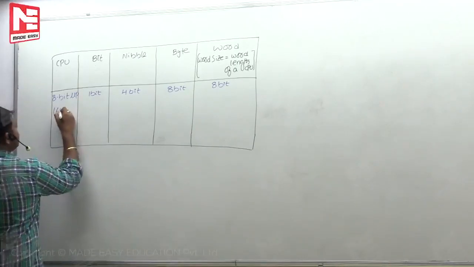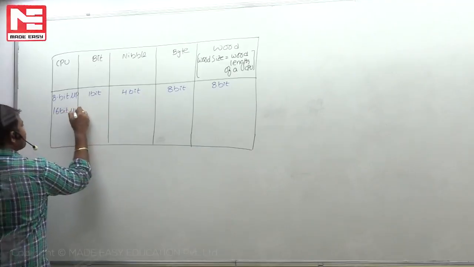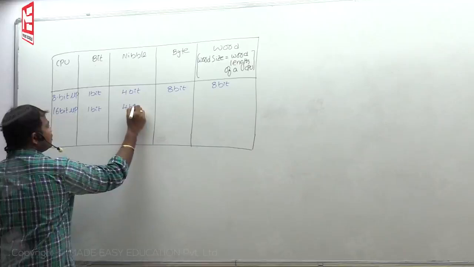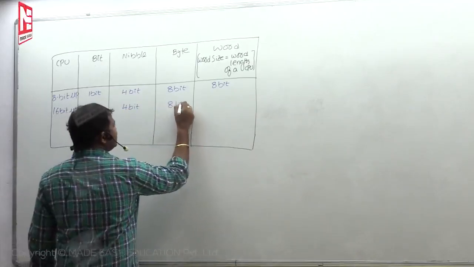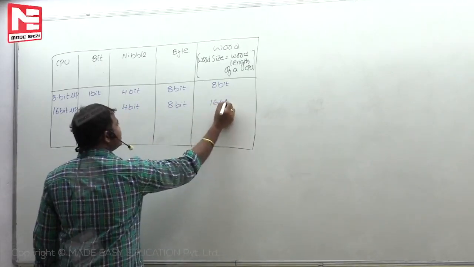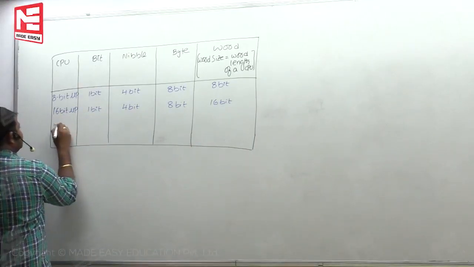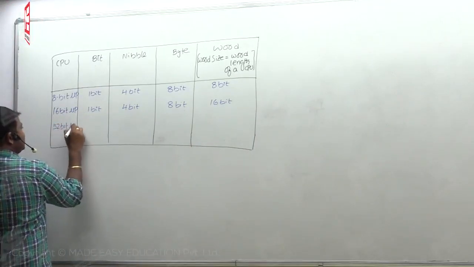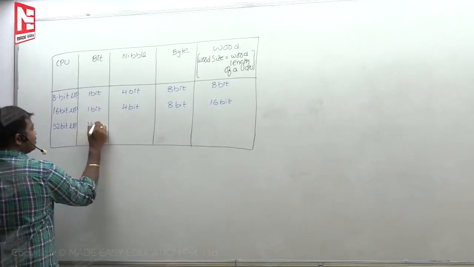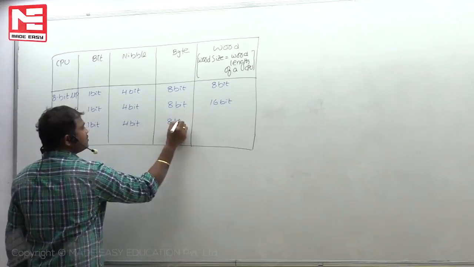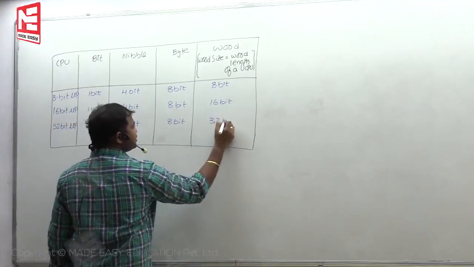Now 16-bit CPU. Bit means 1 bit, nibble is 4 bit, byte is 8 bit, word is 16 bit. Okay, word length of a CPU is 16 bit. 32-bit microprocessor. Bit means 1, nibble means 4 bits, byte means 8 bits, word means 32 bit.